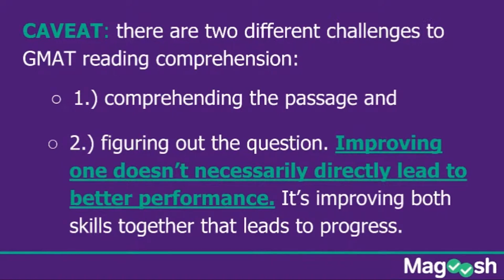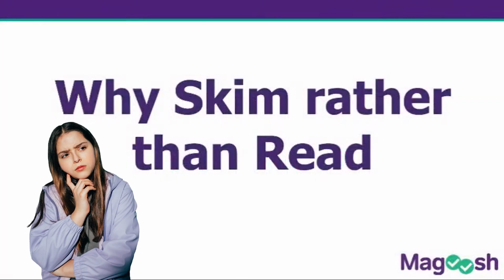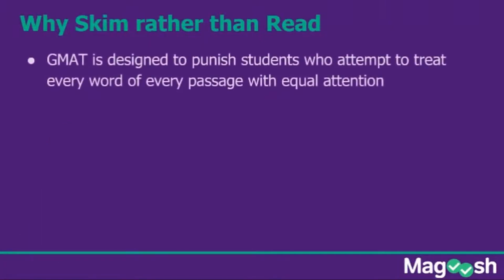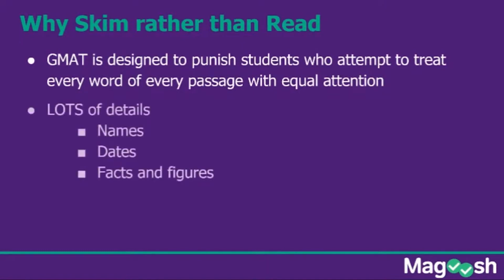Now you might be thinking, why skim rather than read? Well, the GMAT is designed to punish students who attempt to treat every word or every passage with equal attention. The GMAT is full of lots of details, names, dates, facts, and figures, not all of which you'll actually be asked about.